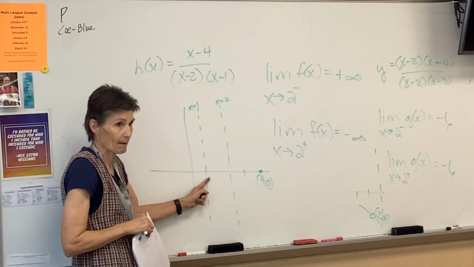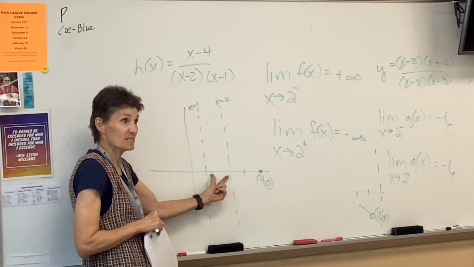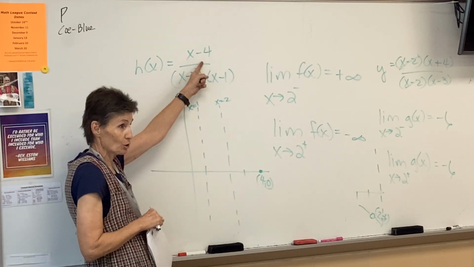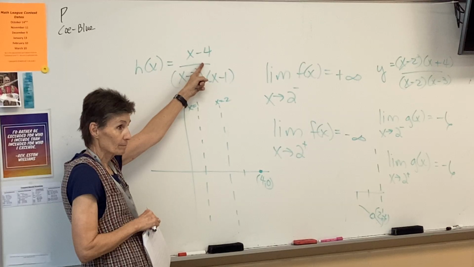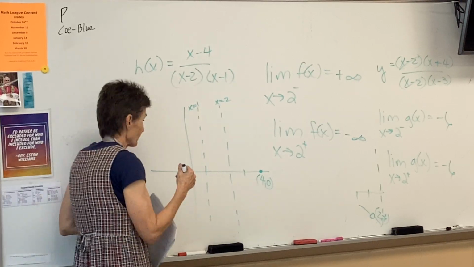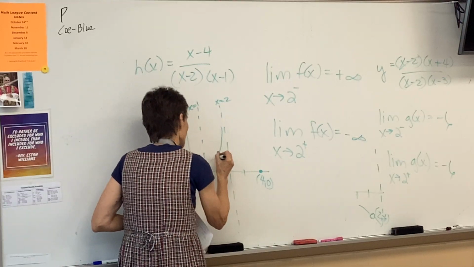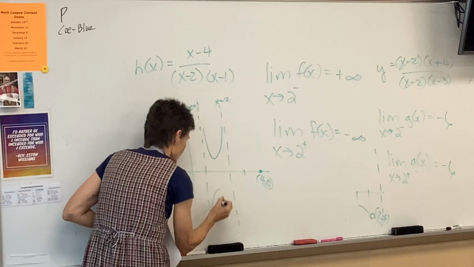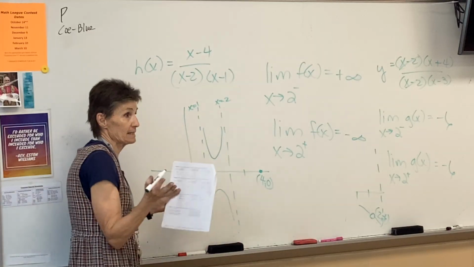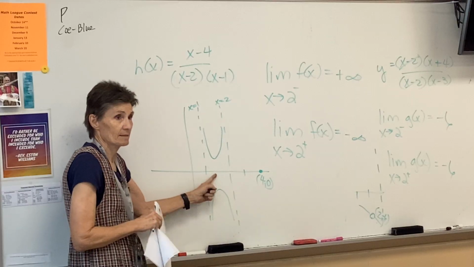Would you agree with that? This is the only place I can cross. Crossing is a 0, and a 0 will show up in the numerator. So I know whatever's happening in there, it either looks like this, or it looks like this, right?